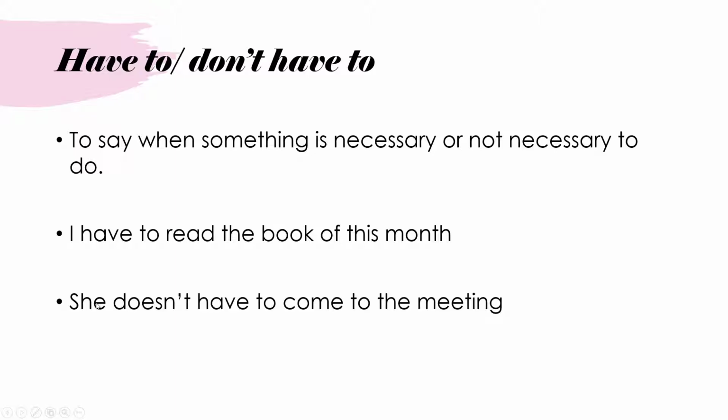She is my subject. She is third person singular. Remember he, she, and it. That's why in this opportunity I'm going to use doesn't have to, then come, the main verb, and then the complement, the meeting.